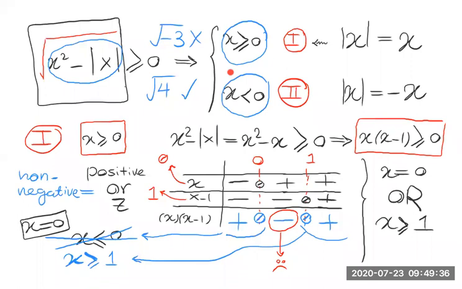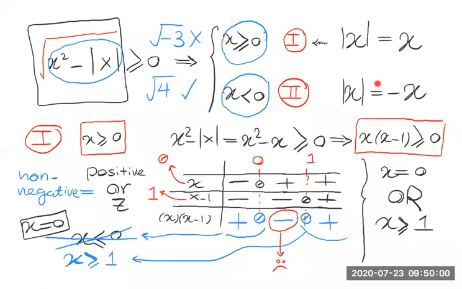We would first solve it in the case where x is greater or equal than 0, because in that case we can get rid of absolute value. Absolute value would be equal to x. And then we would solve the problem in the case where x is negative, where absolute value is equal to minus x.